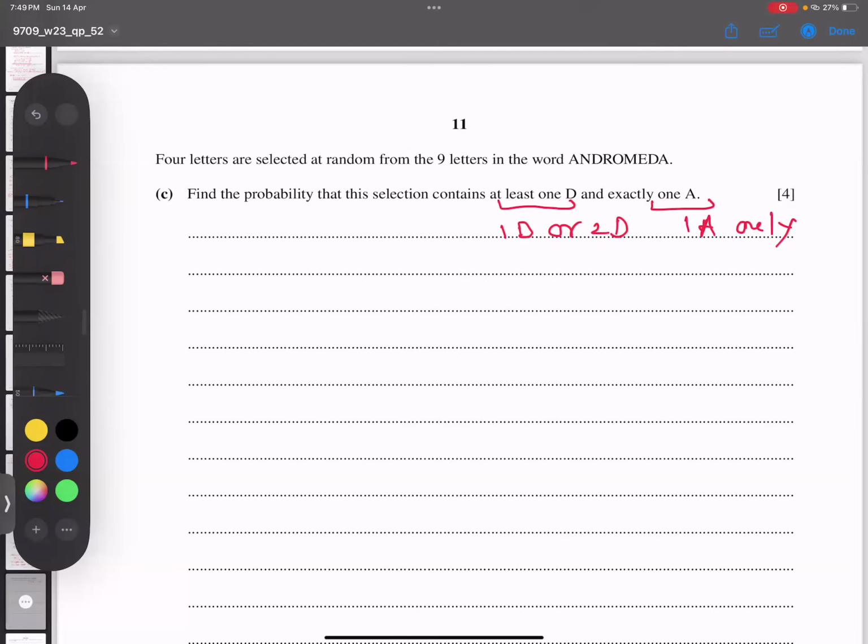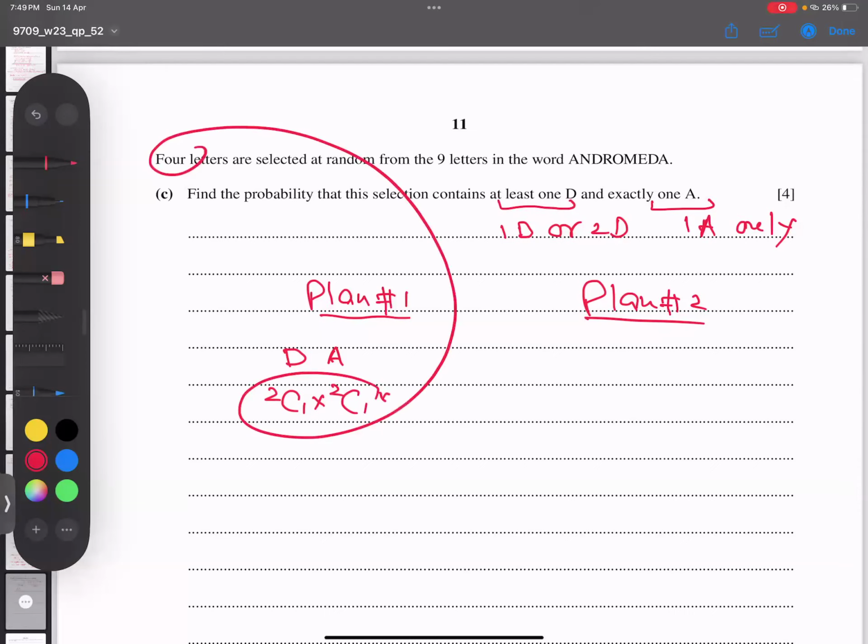So students, let's see how we can do it. I have 2 options: plan number 1 and plan number 2. Plan number 1, if 1 D is selected and 1 A is selected. So out of 2 D's, I select 1, and out of 2 A's, I select 1. I need 4 actually, so 2 left. And how many other letters?